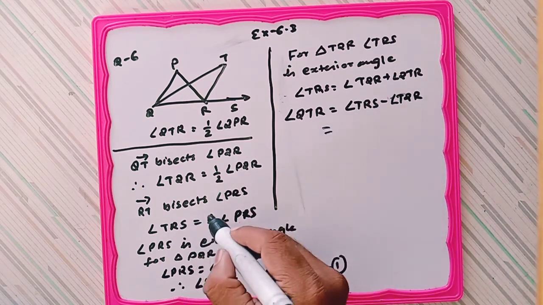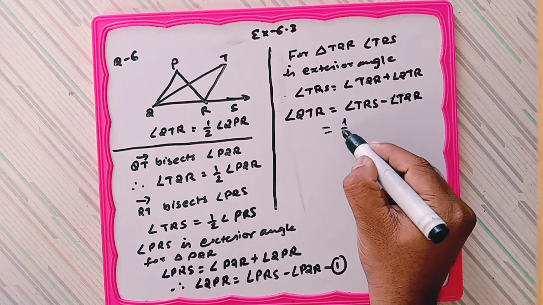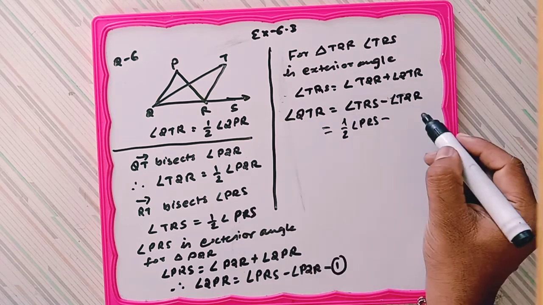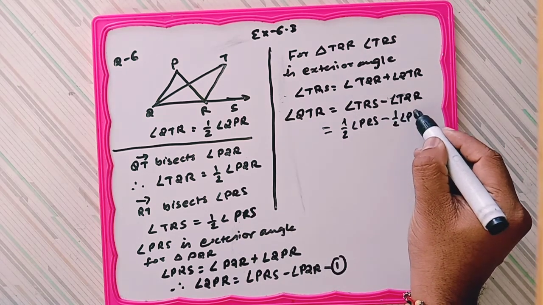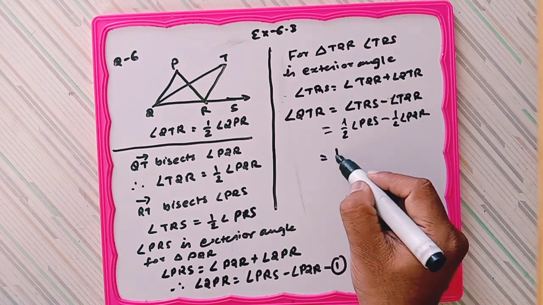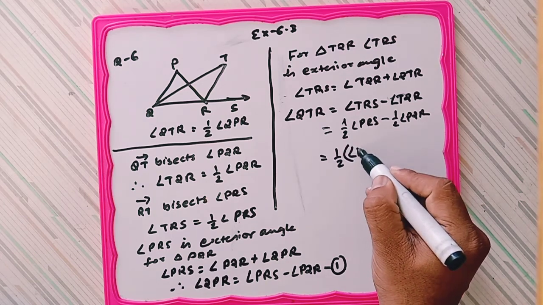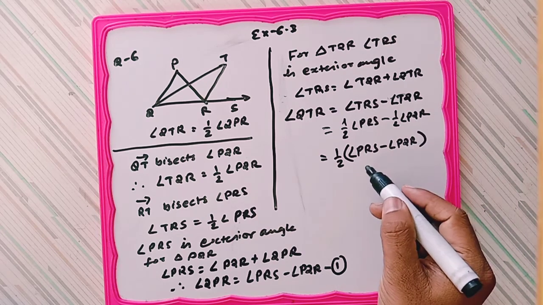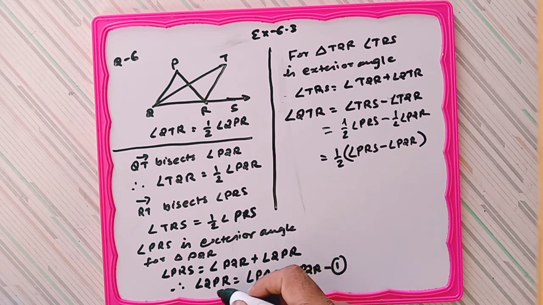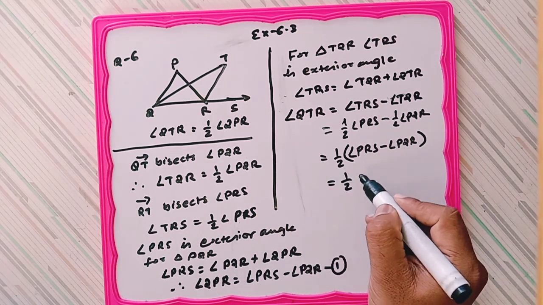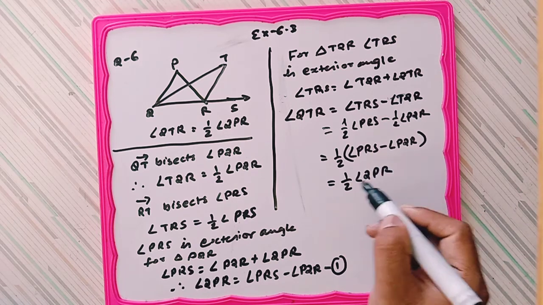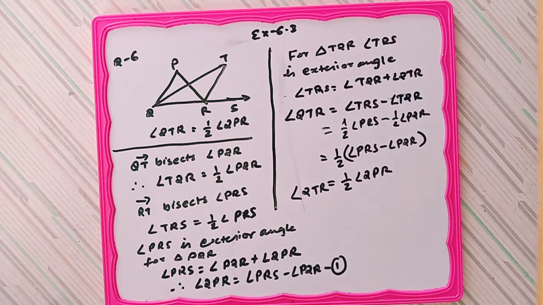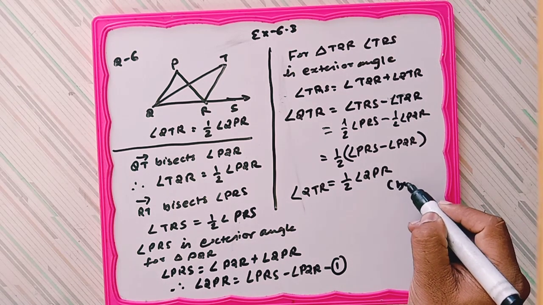So angle TRS we have as half of angle PRS, and TQR we have as half of angle PQR. So taking half out common, it is half of angle PRS minus angle PQR, and so from 1 we can say that it is angle QPR, and so half of angle QPR equals angle QTR by 1.